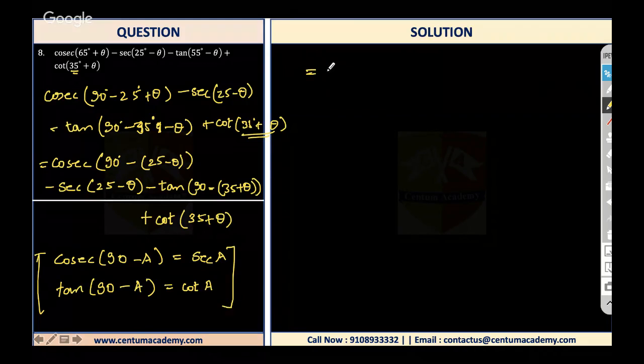So next step is cosecant of 90 minus 25 minus theta is secant 25 minus theta. Then the other secant theta is as it is, 25 minus theta. Then it is negative tan 35 plus theta, and then after tan 90 will become cot, right?